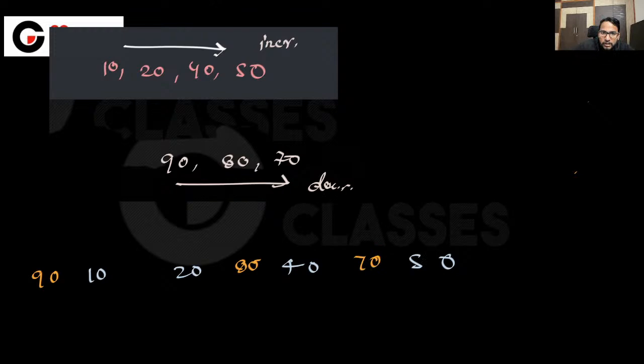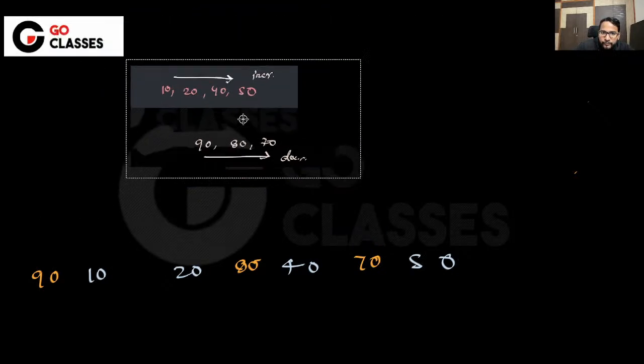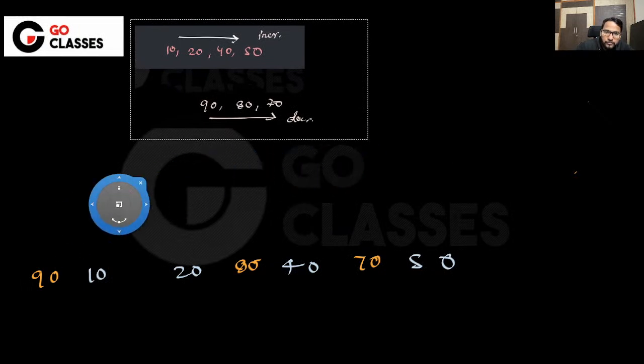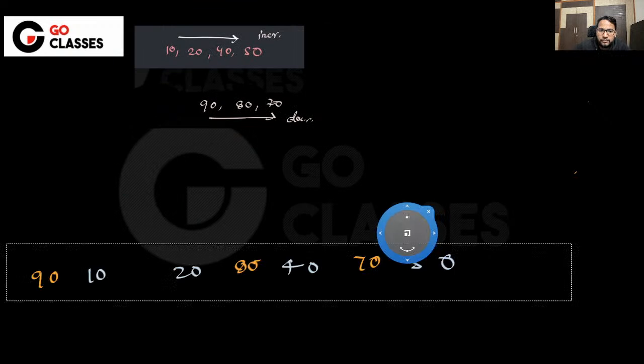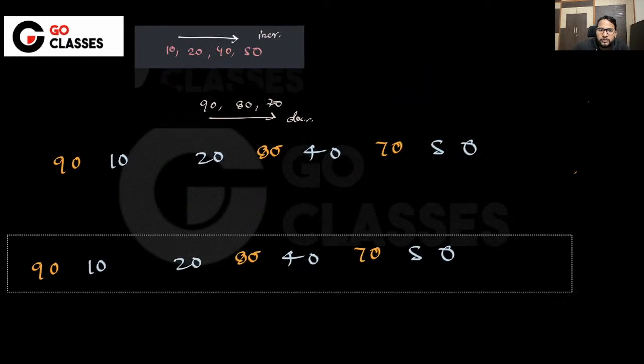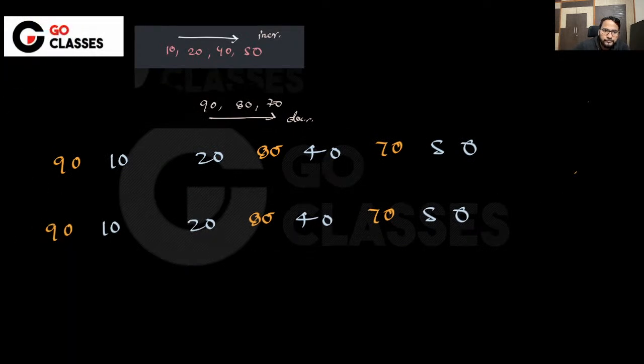So let me just write it more clearly. So this is one of the ways that is possible. Let me write other ways which are possible here. So 90, 70, 80, you can write anywhere. Maybe if you want, you can write 90, 70, 80 here also.